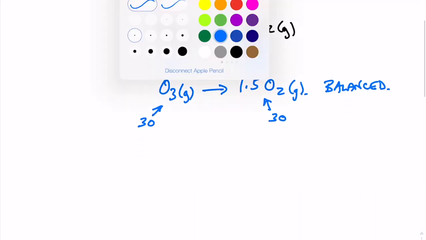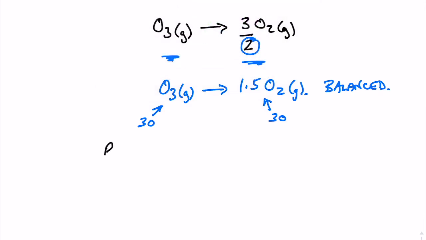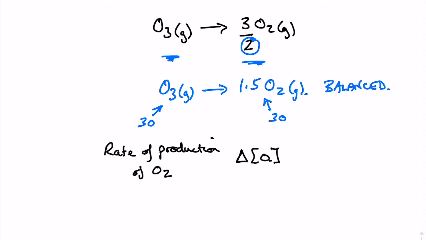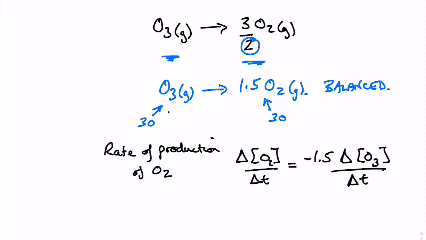And so now we could say, well, from a rate of production of oxygen, we could say that the change in concentration of oxygen over a certain amount of time is equal to 1.5 times the change of ozone, because we know that for every 1 ozone you're going to actually produce 1.5 times as much oxygen.